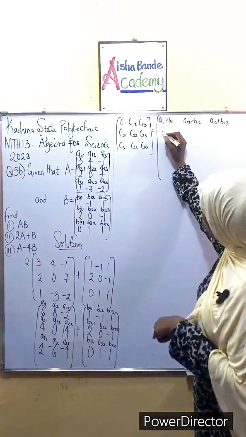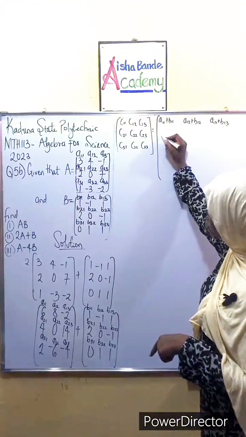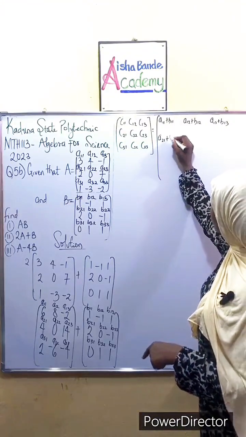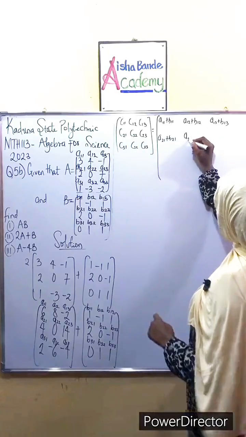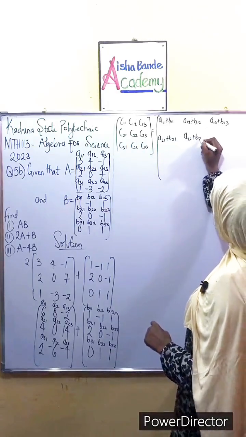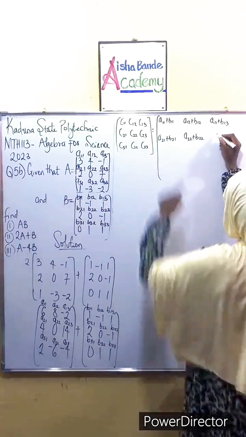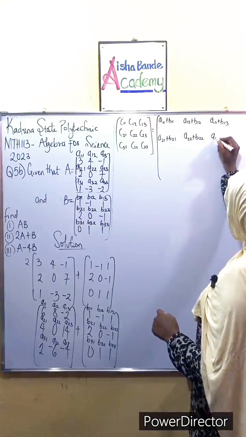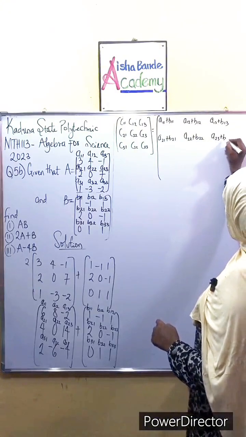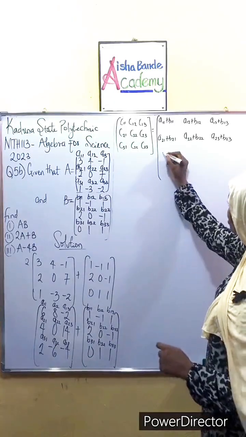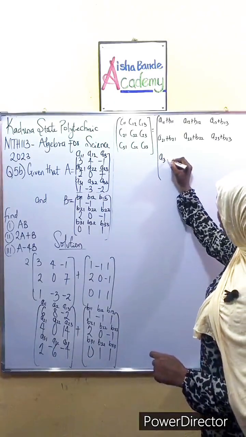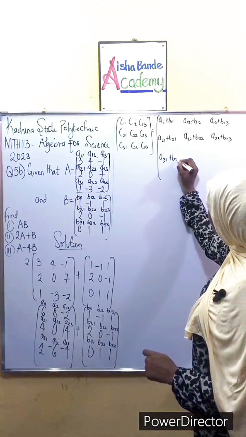Moving on to the second row, for us to get C21, it's going to be A21 plus B21. Then to get C22, it's going to be A22 plus B22. To get C23, we are going to have A23 plus B23. Then to the last row, for us to get C31, it's going to be A31 plus B31.